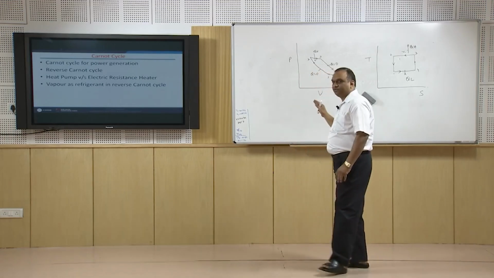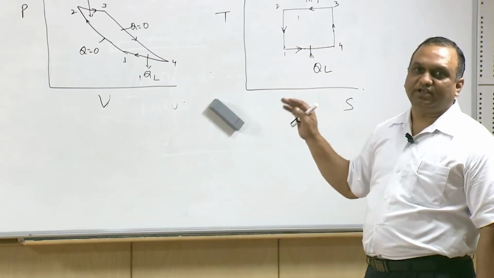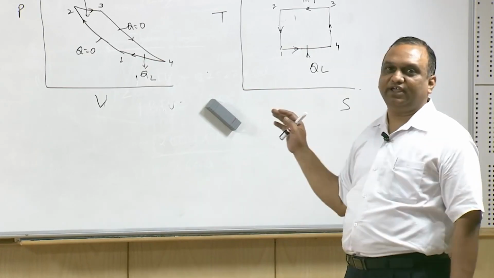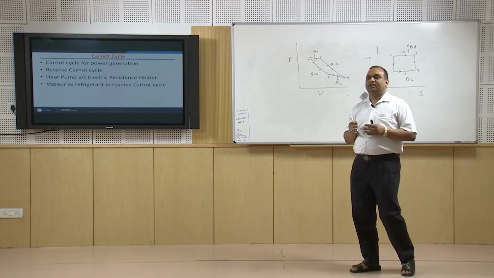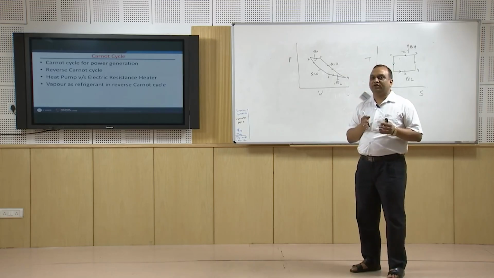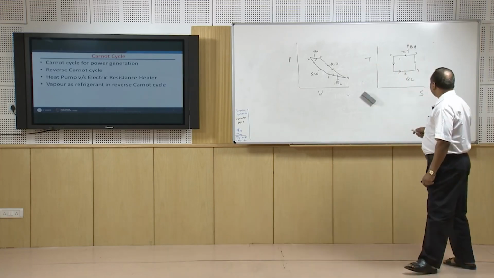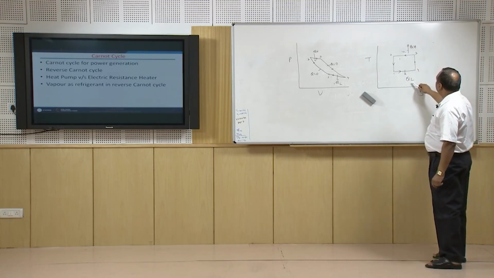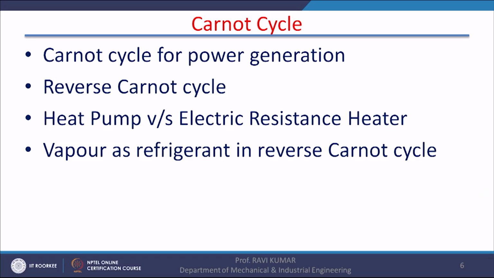We will not discuss all those drawbacks here, because we are not using a Carnot engine, we are using the reverse Carnot cycle, and this reverse Carnot cycle is often referred to as the standard cycle for comparing the performance of different refrigeration cycles. Now, in this cycle, the heat is taken at the lower temperature and it is rejected at the higher temperature. Now, the performance of this cycle.